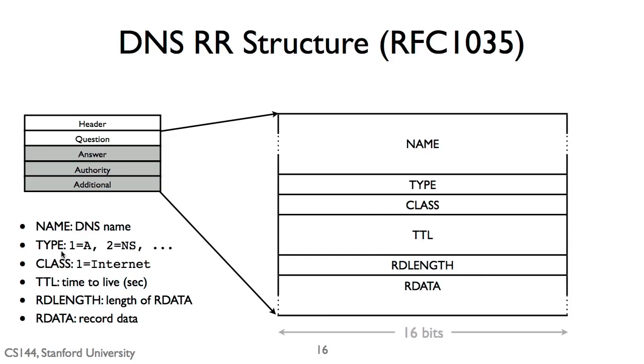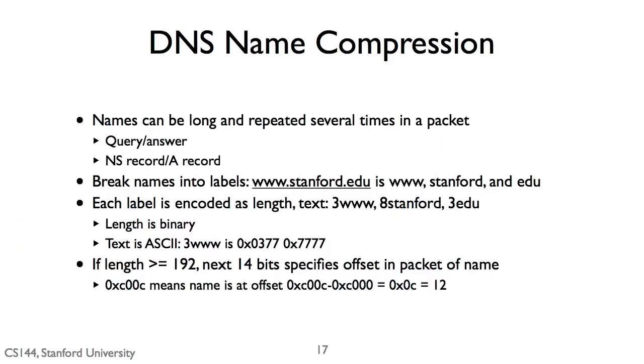So here's the basic DNS name, then the type, then the class, TTL, RD length, R data. And so this is what the byte format of a resource record looks like on the wire. Now notice that the beginning of a resource record is a name, but it doesn't say how long the name is. That's because the length of the names is self-describing.